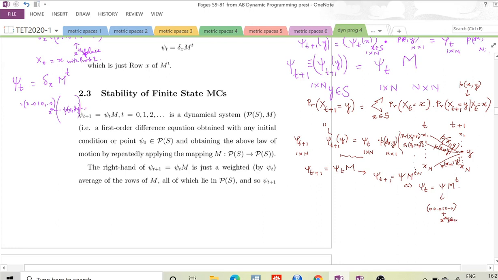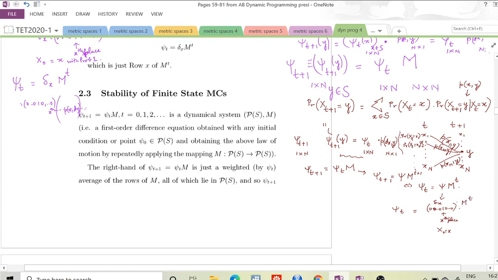This says that the initial distribution is degenerate at the xth value, or in other words that X_0 is equal to x with probability 1, right? So in this specific case, c_t is equal to, and the standard notation for this is delta_x, 1 at the xth place and zeros elsewhere, so delta_x times M to the t.